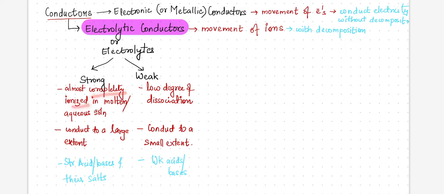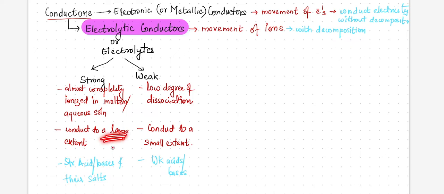When that happens, we say that electrolyte is a strong electrolyte. Because it's completely ionized, we have a large number of ions present, and therefore they will conduct to a larger extent.